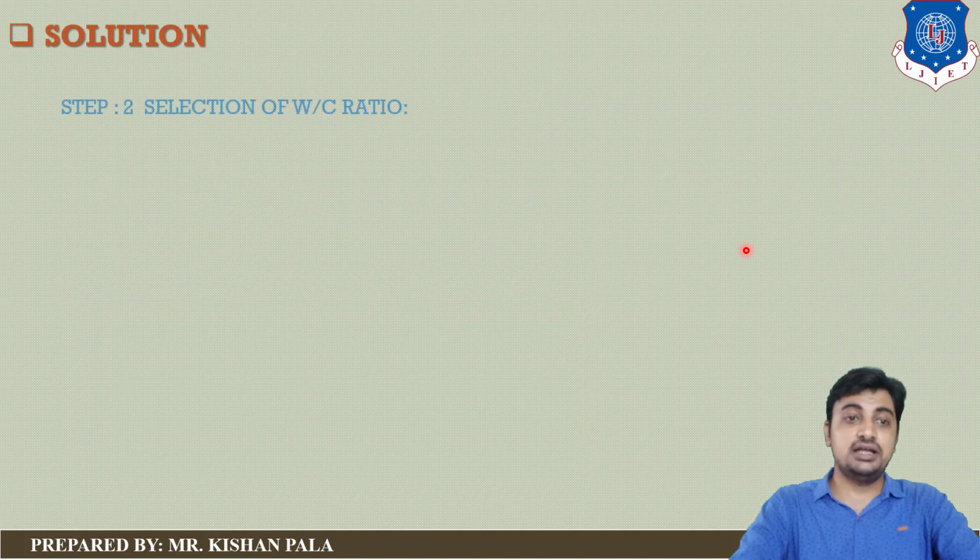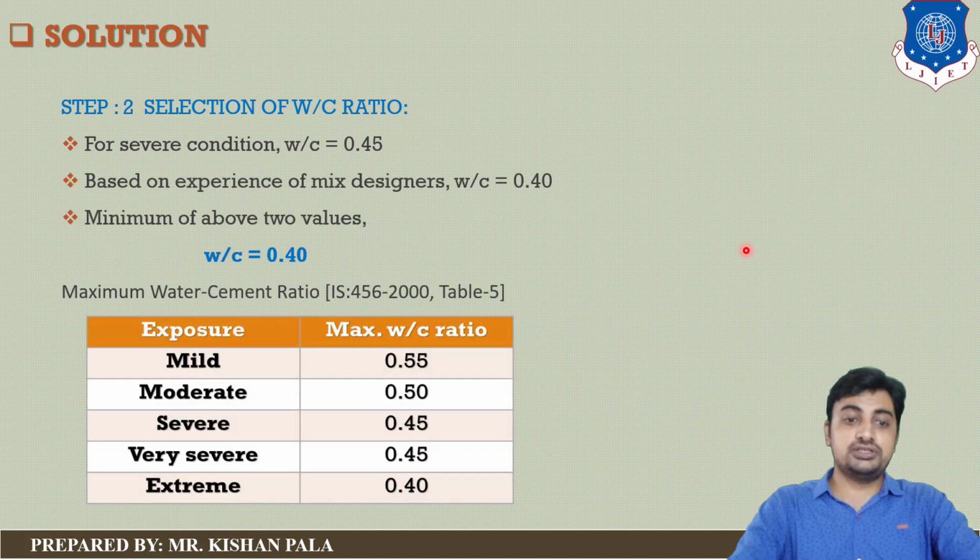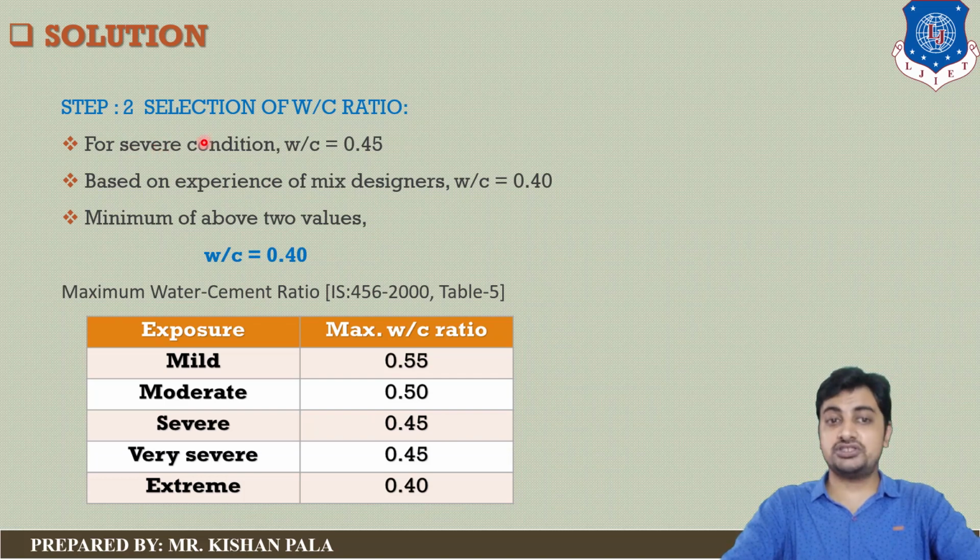After finalizing the target mean strength, we have to finalize the water cement ratio. As per the data we have to take the severe condition, and for the severe condition we can take a maximum of 0.45 for the water cement ratio.